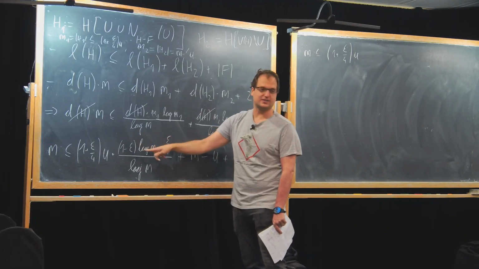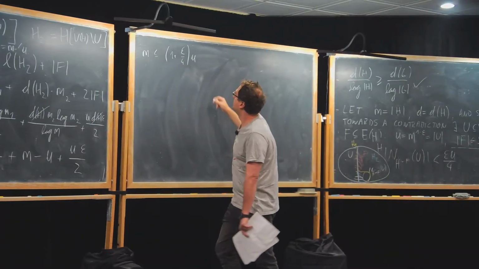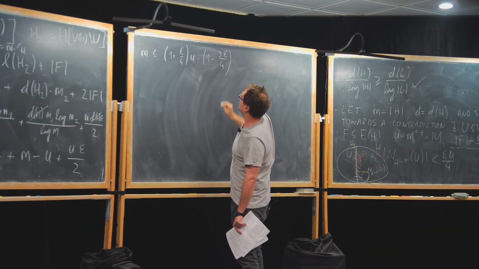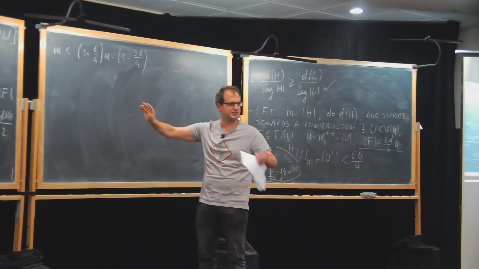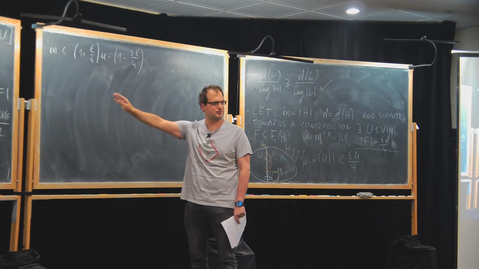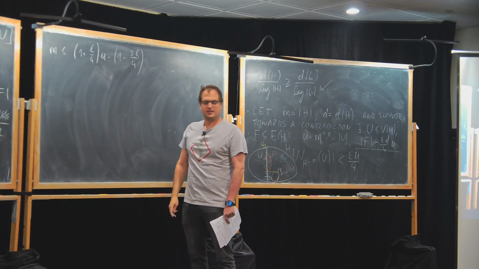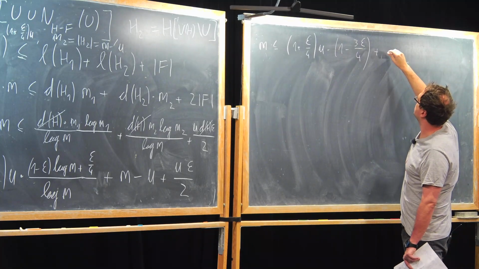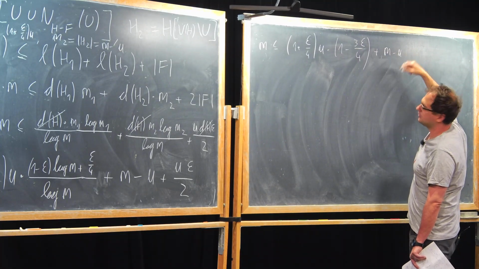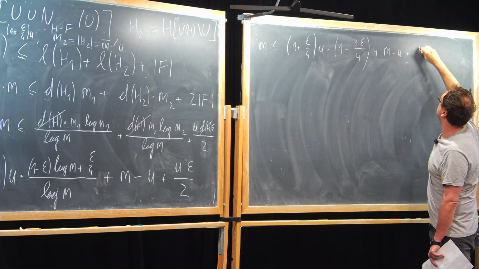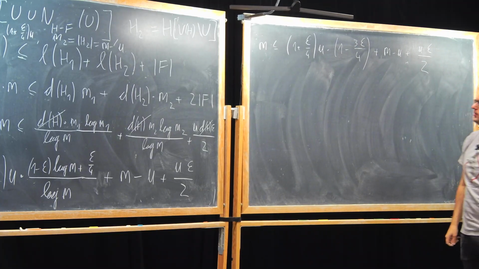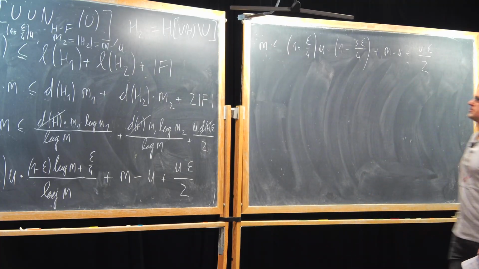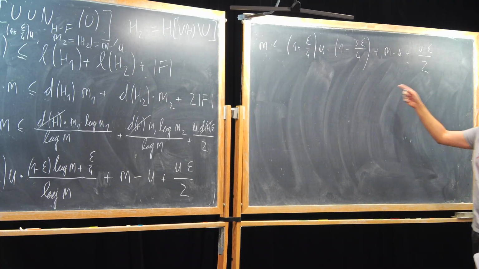So this becomes 1 minus 3 epsilon over 4. I'm doing something very silly there, but this is a sort of irrelevant term. Still with this plus M minus U and plus U epsilon over 2. And maybe let me put a strict inequality there because at some point I want a strict inequality.